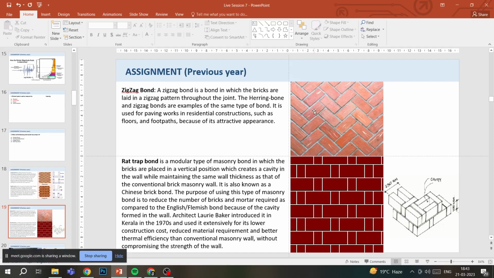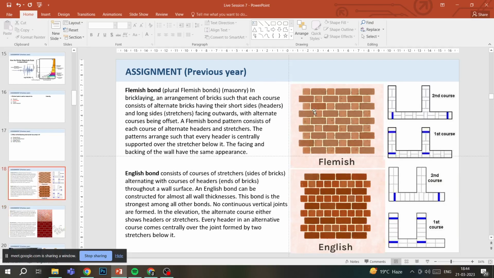Basically, in the rat trap bond, the length of this brick is a little higher compared to the width of this brick. So it is laid vertically in the sense that a brick has three dimensions, right?